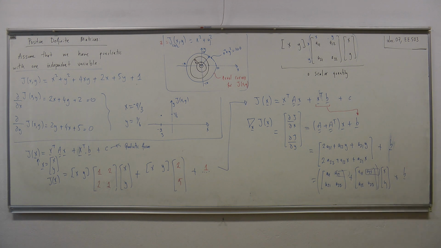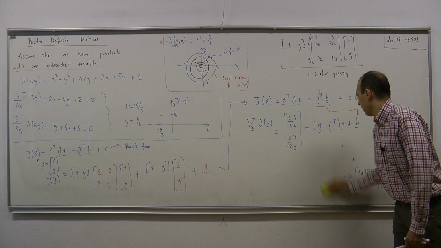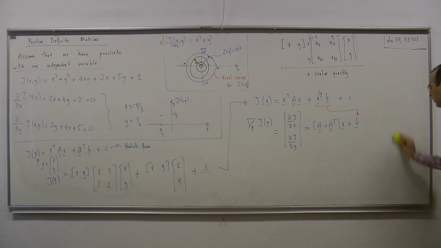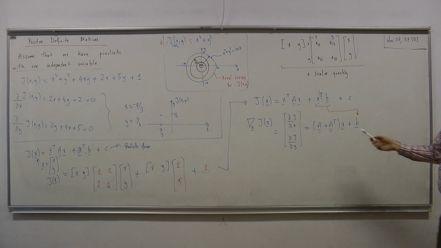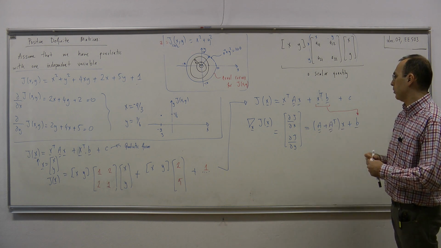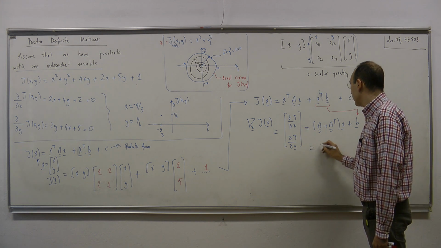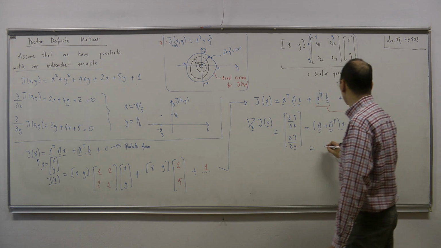Okay. So my comment is, this is the gradient result. I have tried to explain this a little bit. So this is the result that we will use. If we apply this, we get this matrix.